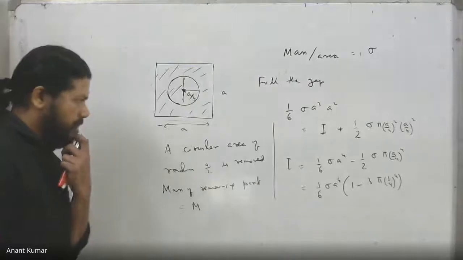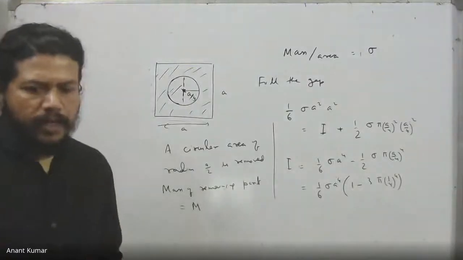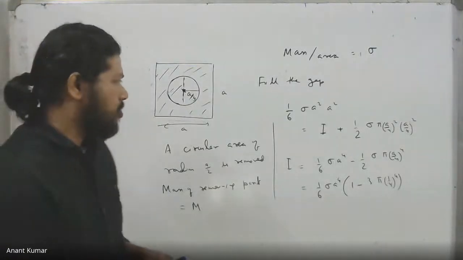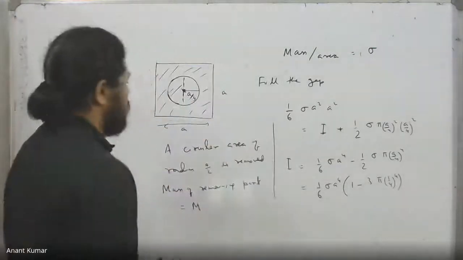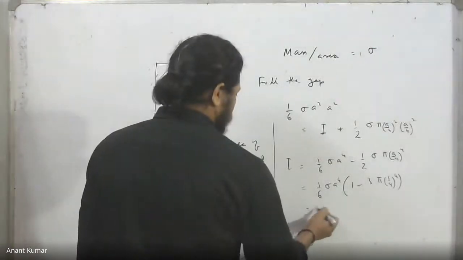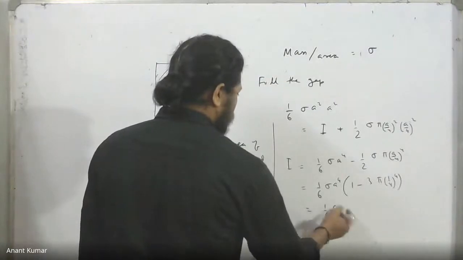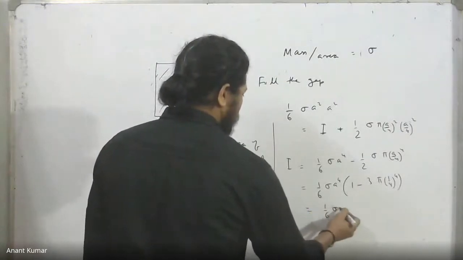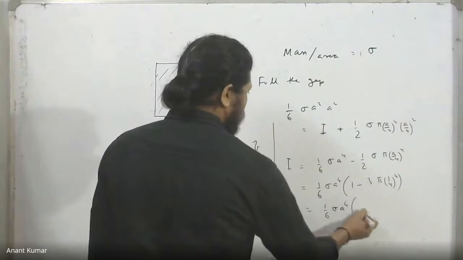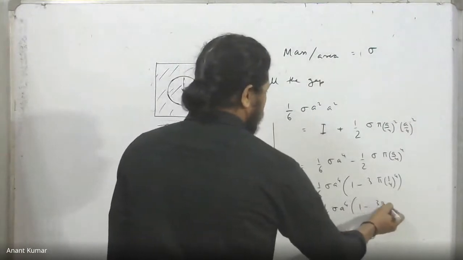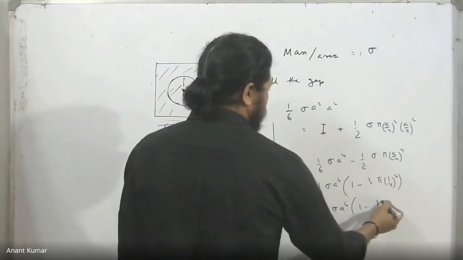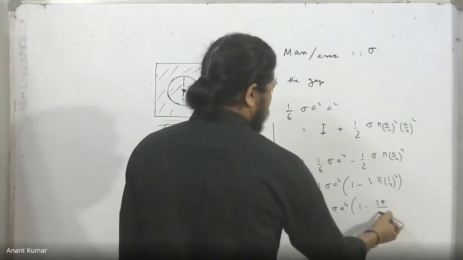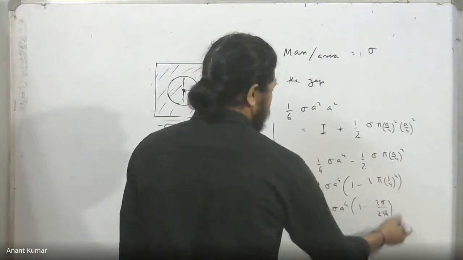And the sigma in this case is the mass of the remaining area, so that sigma can also be evaluated in terms of the area and the mass. Three pi by 2 raised power 8, which is 256.